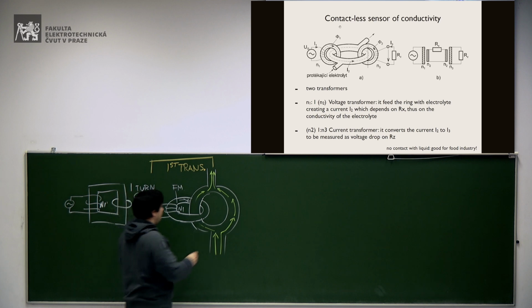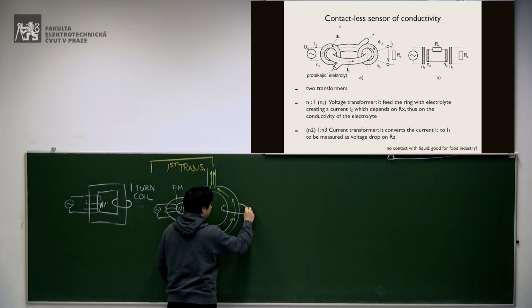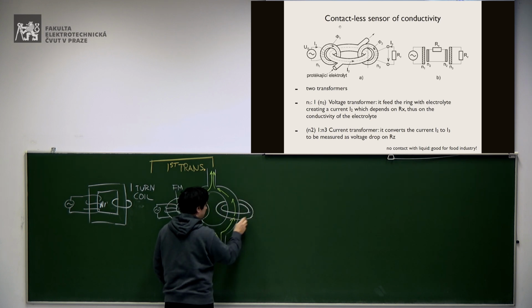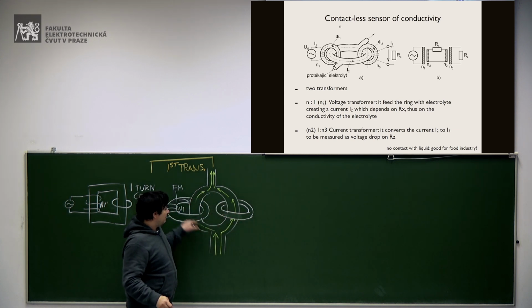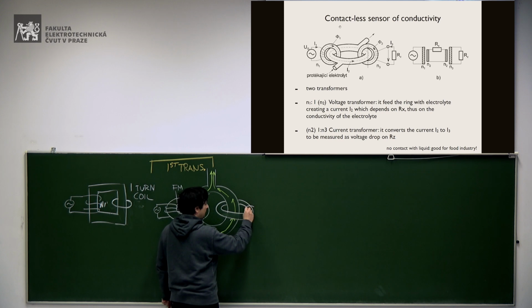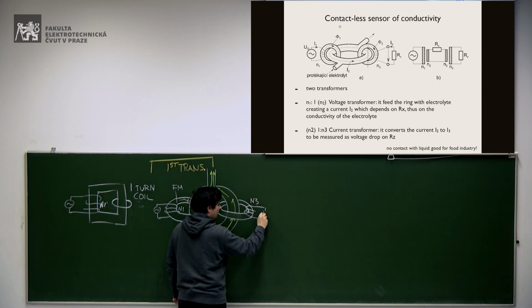Then you have another ferromagnetic core, where the primary now is the one-turn coil composed of the electrolyte, and then you have N3 turns.